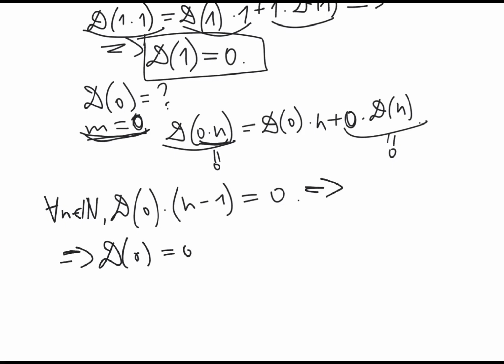Because if n is not equal to 1, and there are plenty of natural numbers not equal to 1, then this term is not 0, and so the only way for the product to be 0 is for d of 0 to be 0. So that is the necessary condition.